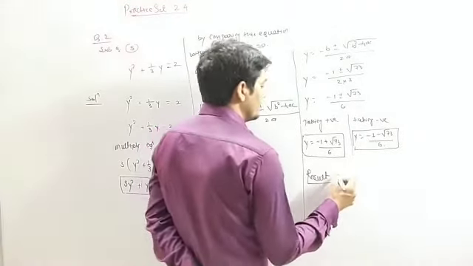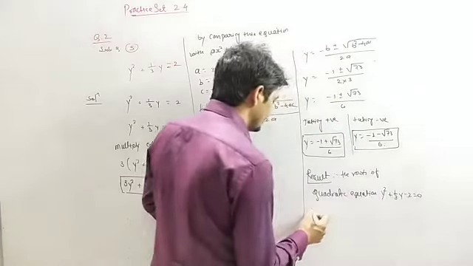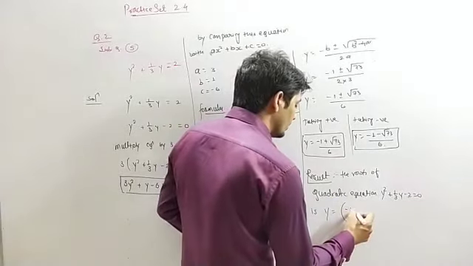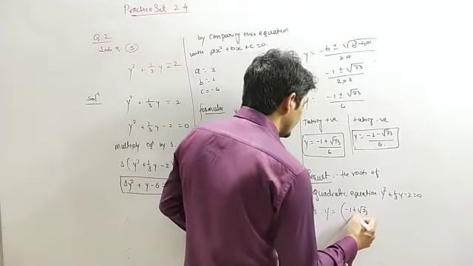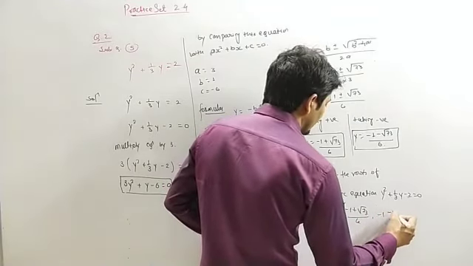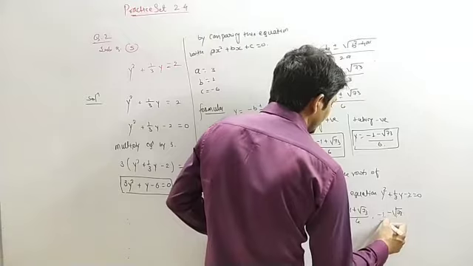The roots of the quadratic equation y square plus 1 by 3 of y minus 2 equals 0 are y equals minus 1 plus root 73 divided by 6 and minus 1 minus root 73 divided by 6.